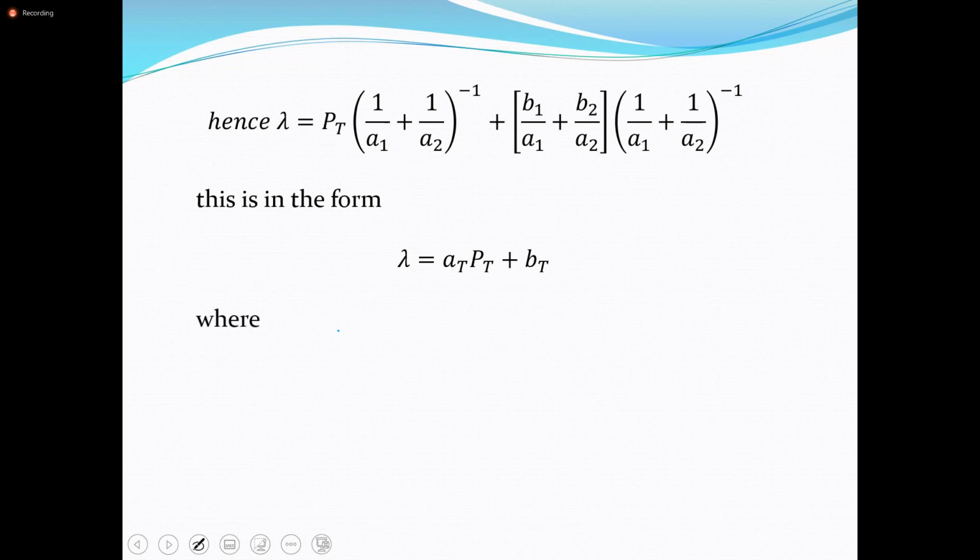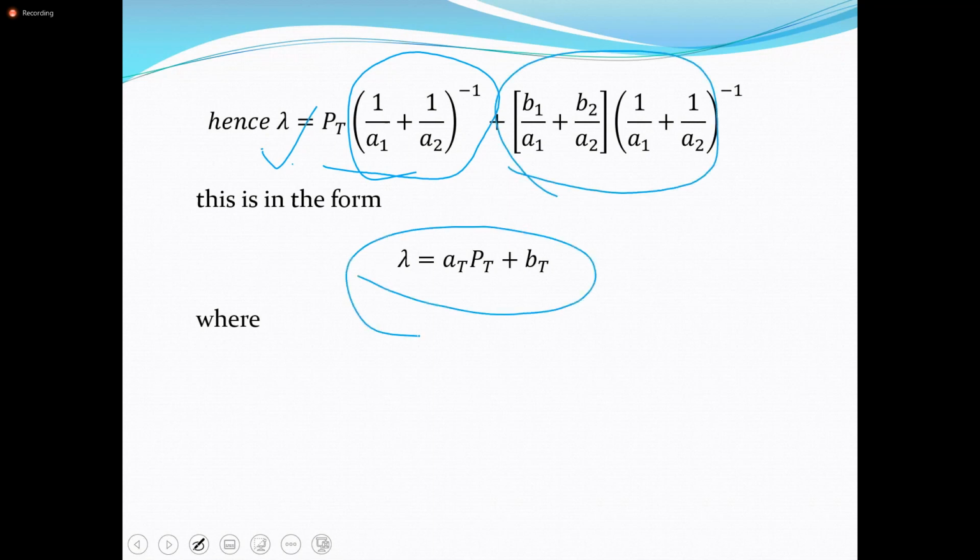Now, of course, if you look at what we have here, lambda is equal to PT times a number, and then over here, we can call that BT. So it's in this form. So we're just making the comparison. What we have therefore is that AT is equal to the reciprocal of the sum of the reciprocals.